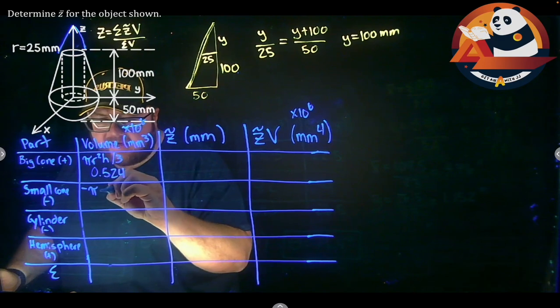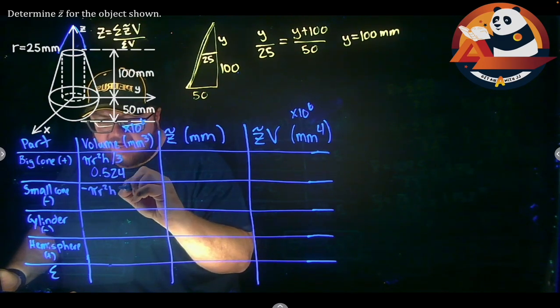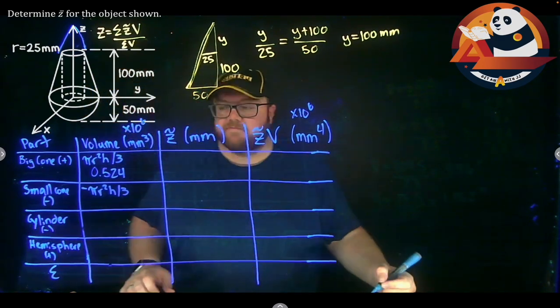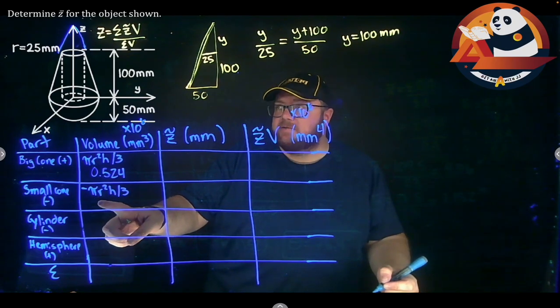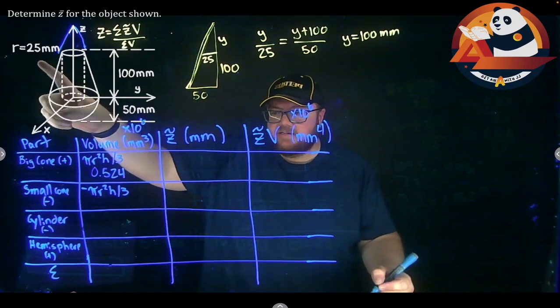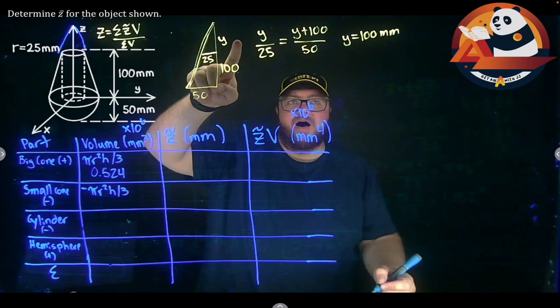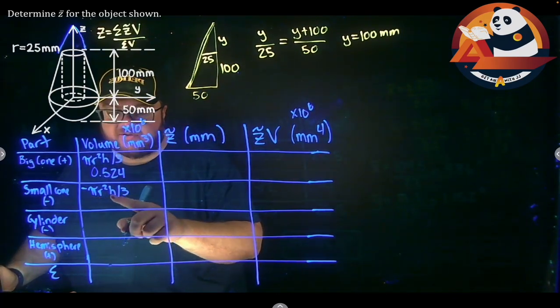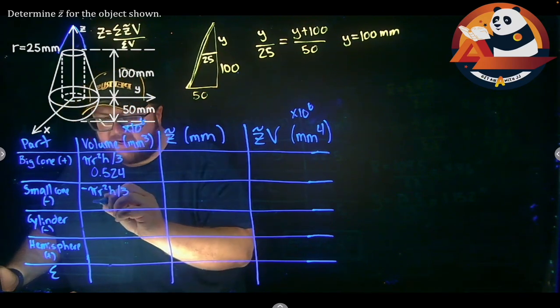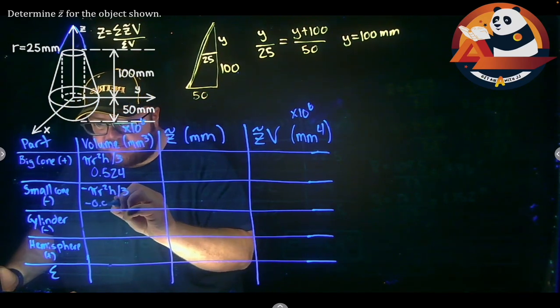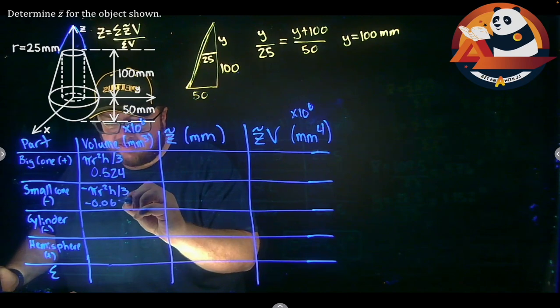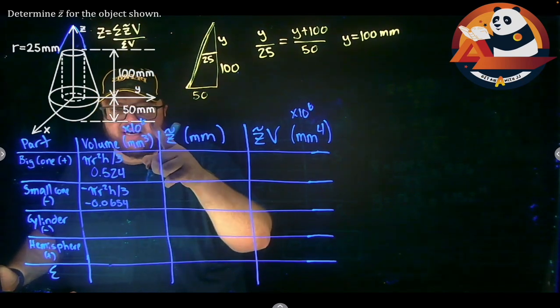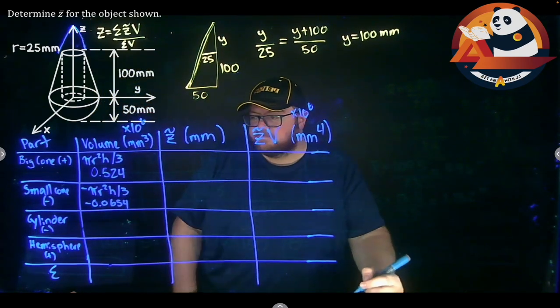Negative pi times our radius squared times the height over 3. Or negative pi times the radius, 25, squared times our height, just y, 100, over 3, would get us negative 0.0654 times 10 to the 6th cubic millimeters.